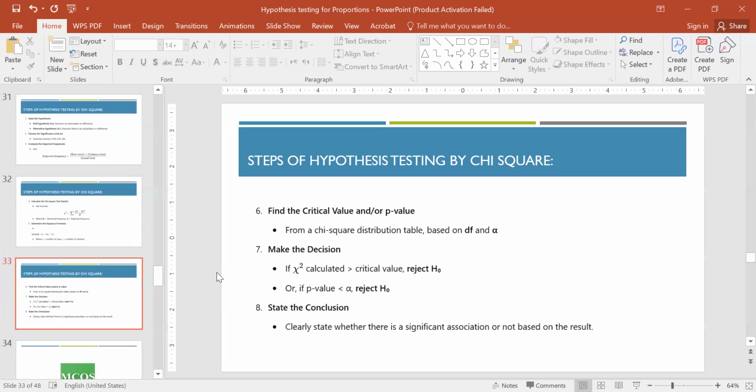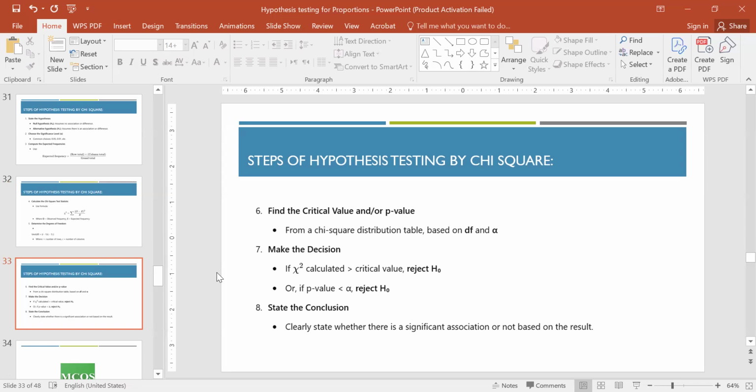On number 6, we have to find the critical value or the p-value. From a chi-square distribution table, we will get these values. Then we will make the decision: if the calculated value of chi-square is more than the critical value, we will reject the null hypothesis, or if the p-value is less than alpha, we will reject the null hypothesis.